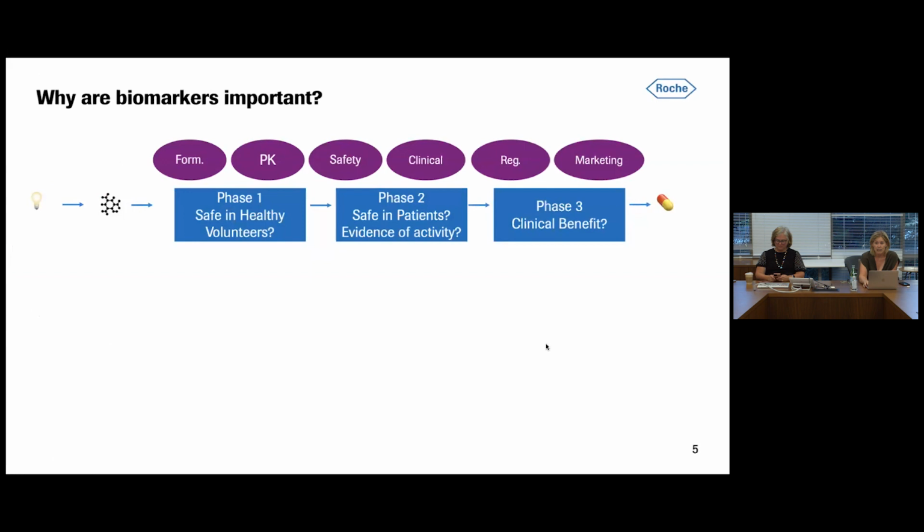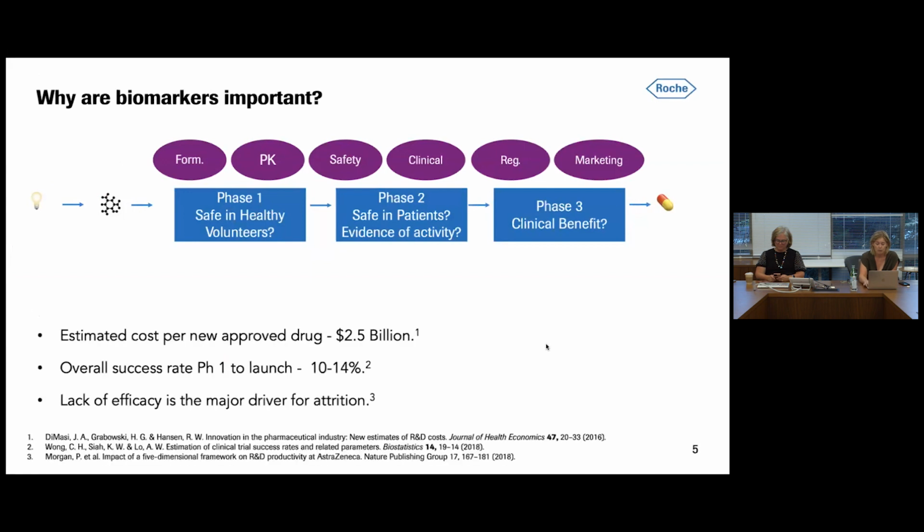But really key is that biomarkers play a key role here, and they really help inform decision-making at different stages of development. Drug development is very challenging and very costly. The overall success rate is pretty poor, and so it's really important that we make efficient and well-informed decisions. This is where biomarkers play a key role.